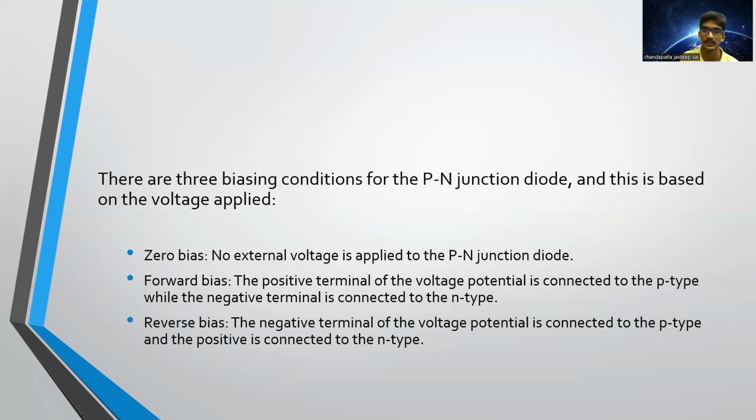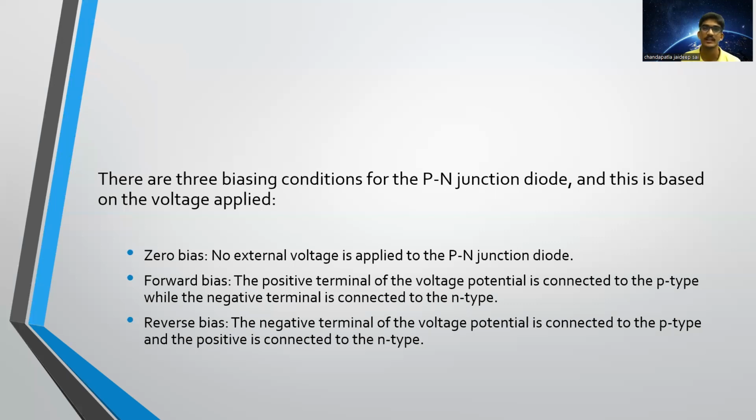The P type of the junction, which is positive, is connected to the negative terminal of the voltage supply, so it has unlike terminals connected. Similarly, the N type, which has free electrons and negative charge, is connected to the positive terminal of the voltage supply.